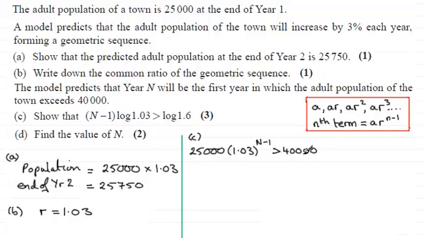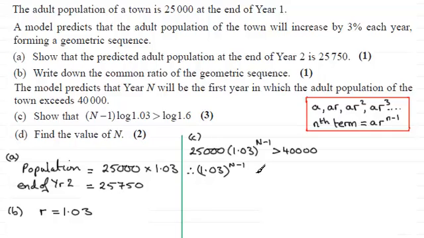So it's just a question now of rearranging this and showing that we get this particular inequality. If we divide both sides by 25,000, we have 1.03 to the power n minus 1. Don't make the mistake of thinking this is 25,000 times 1.03, then raised to the power n minus 1.